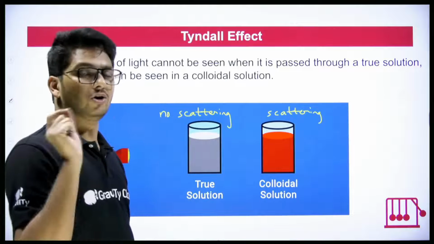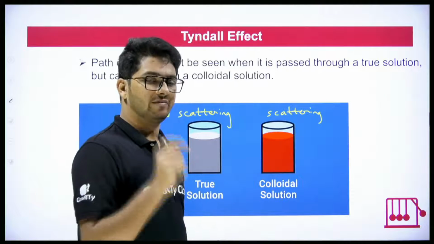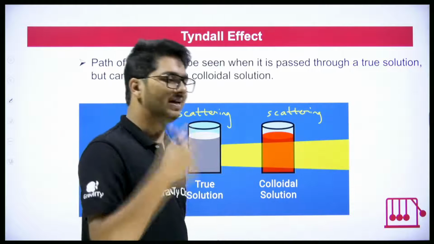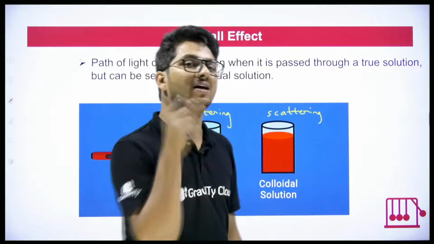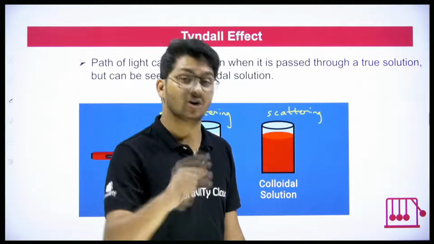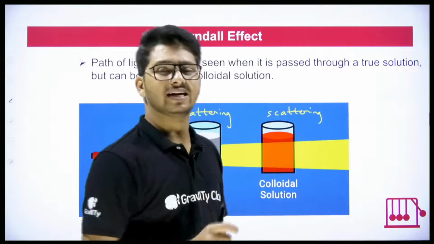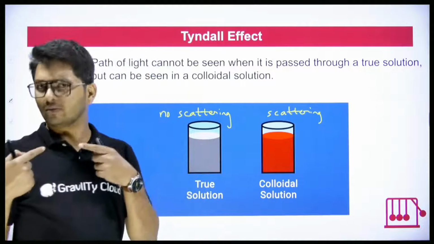See, for us to be able to see anything, understand this point very carefully. If you want to see anything, from that object, whatever it is, light should come to us. If light does not come to us, we cannot see it. That is the basic understanding. So if there is no light scattered, light will not come to us.